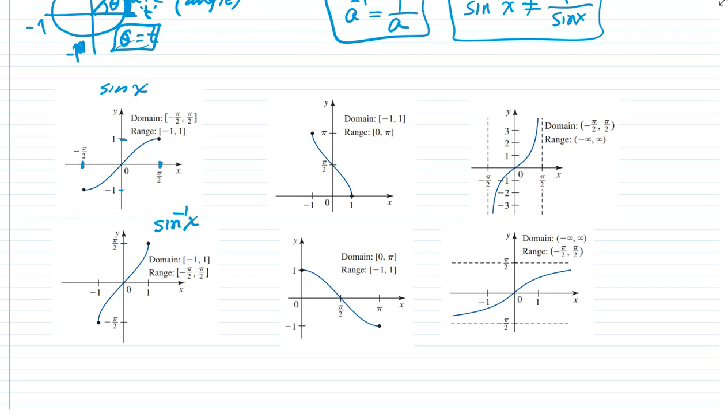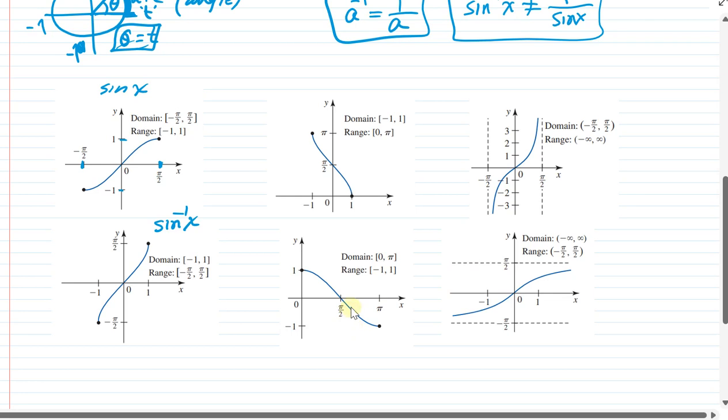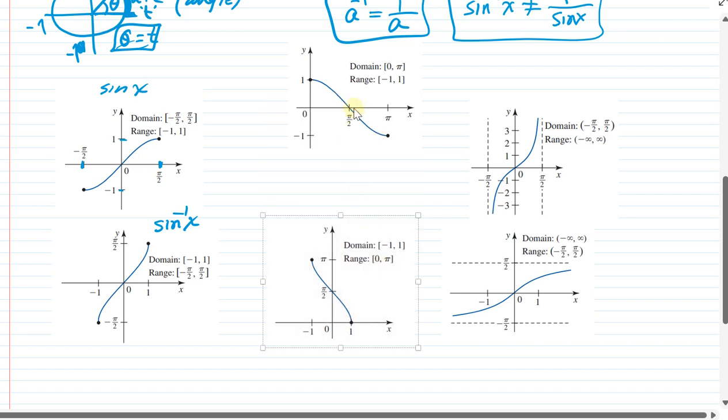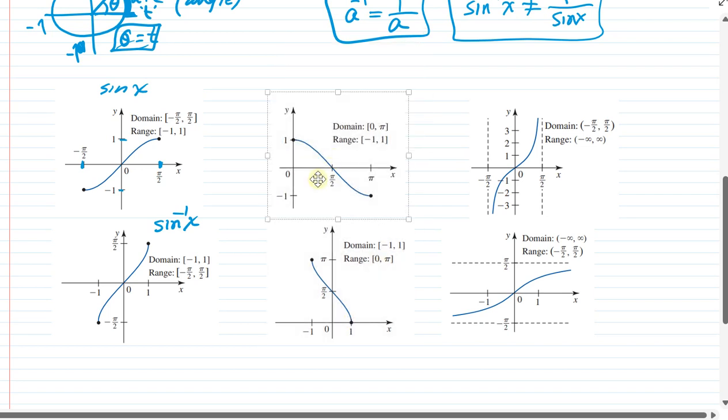Now, for cosine, the one in the middle on top is cosine x, with restricted domain. Let's see, sorry, I got these backwards. Let me move these up. This is the cosine function, and this is the inverse. Didn't mean to misplace them. And there you have it.